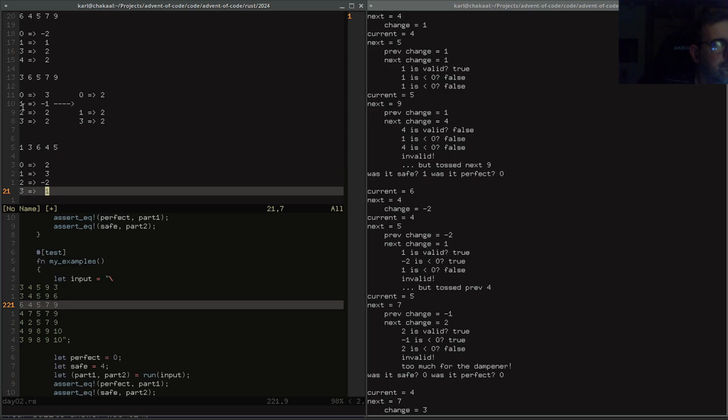So the answer here is actually throwing out this 5 would fix it. I guess in this case throwing out either one would fix it.